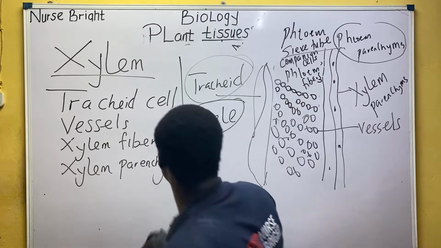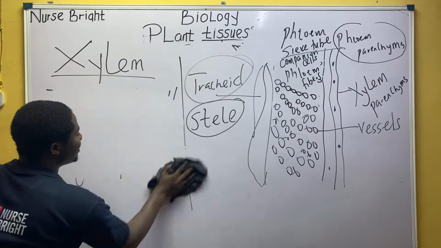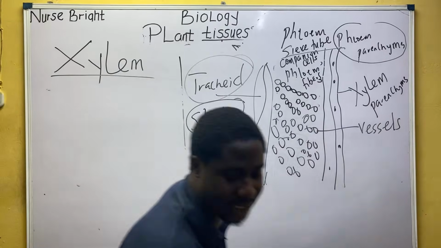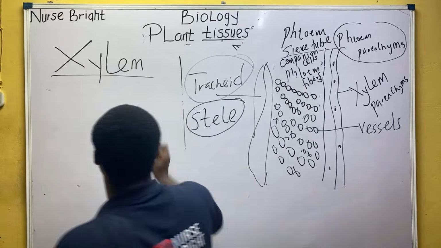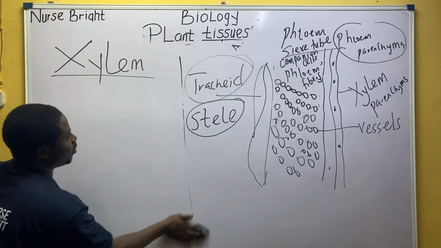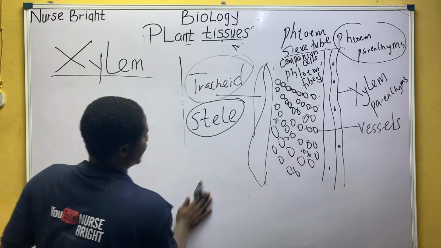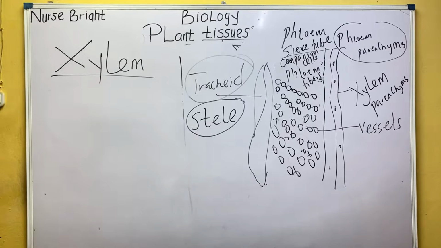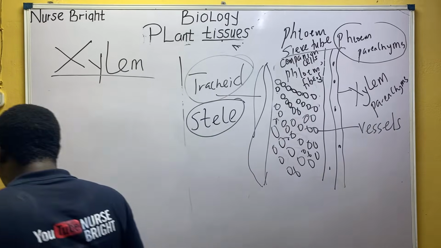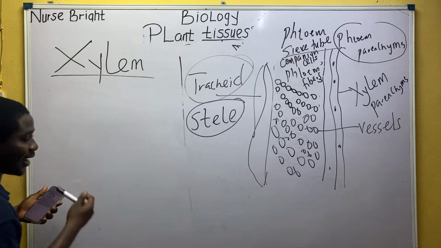So here's the question. Let me see how smart you guys are. I just said that the stele contains the xylem, the phloem, and the pericycle. So here is the JAMB question on what I just said.